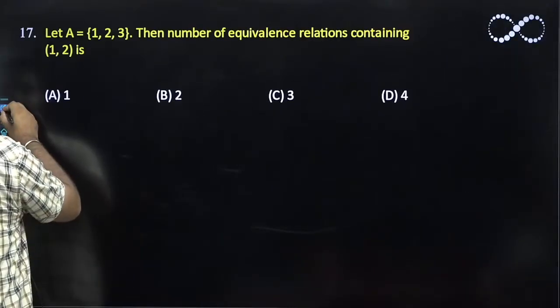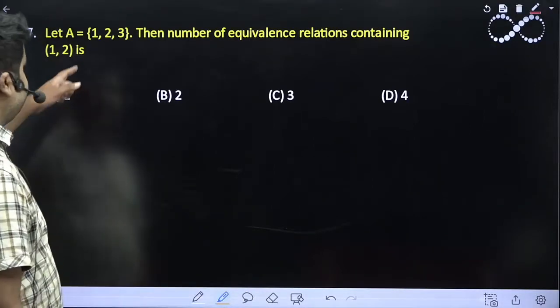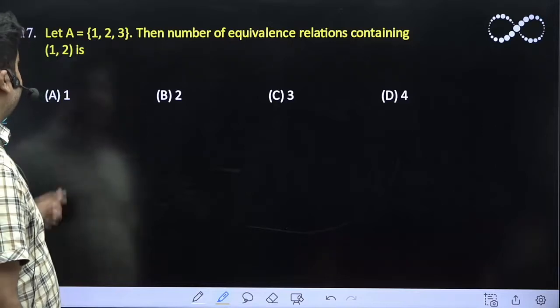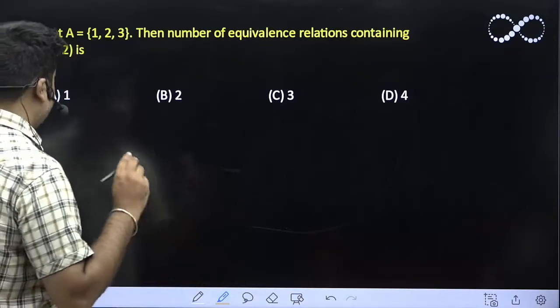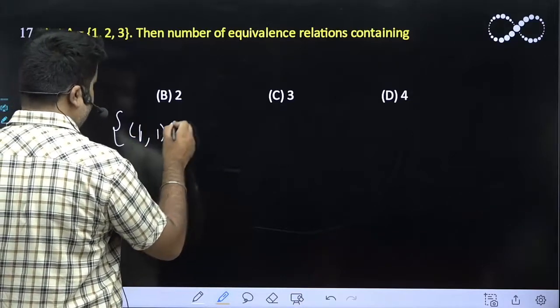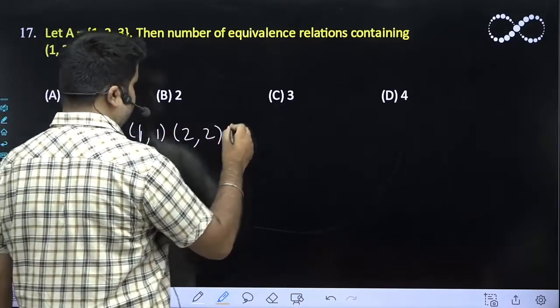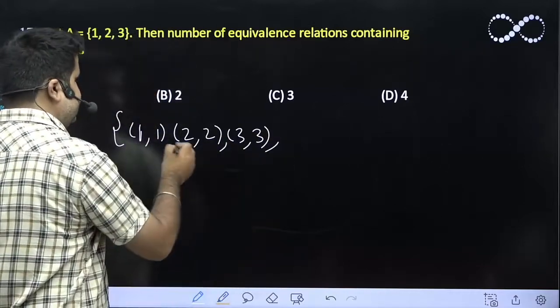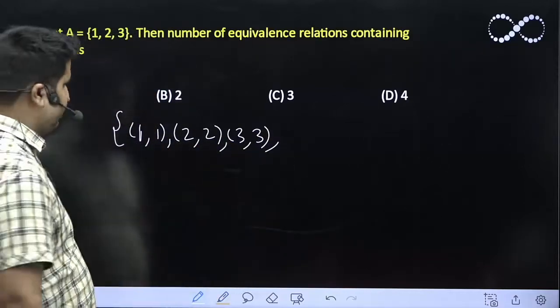It's a pretty similar one. Let A be {1, 2, 3}. Find the number of equivalence relations containing (1, 2). Okay, so first you have to add (1, 1), (2, 2), (3, 3), since these are necessary for the reflexive property.